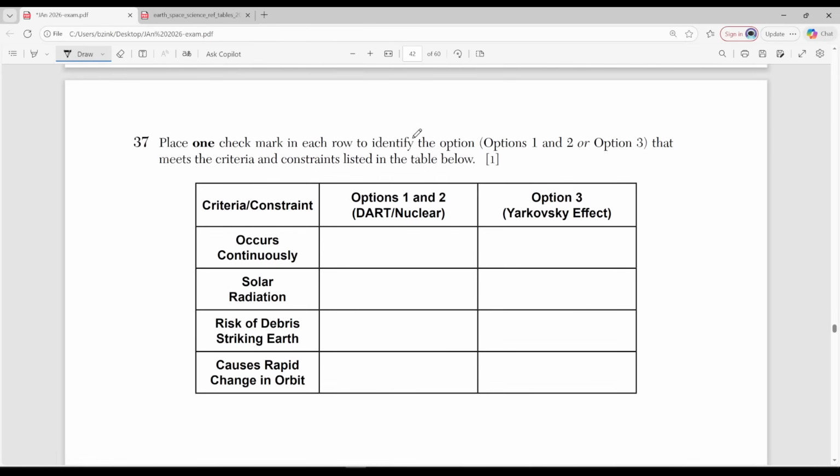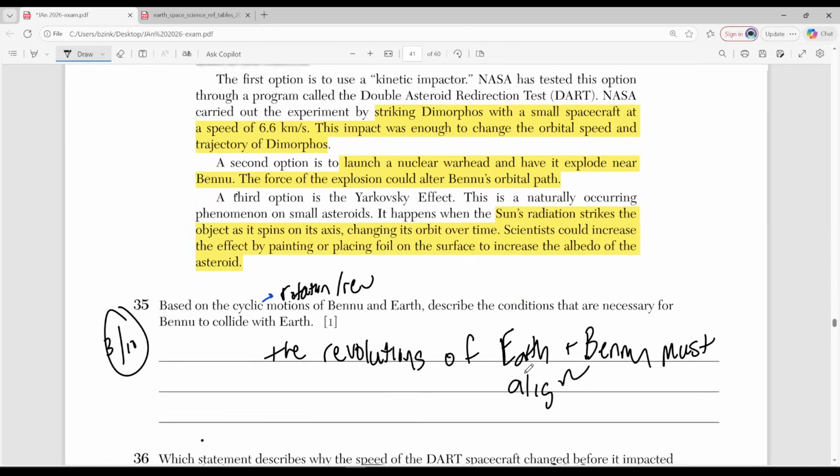All right, place 1 check mark in each row to identify the option, 1 and 2 or option 3, that meets the criteria and constraints listed in the table. Occurs continuously. Okay, a nuclear bomb is not going to be continuous, so this one. Solar radiation, that's always happening, so that's, oh, wait. What am I doing? Solar radiation, that's only from the Yarkovsky effect, because it said that, right?